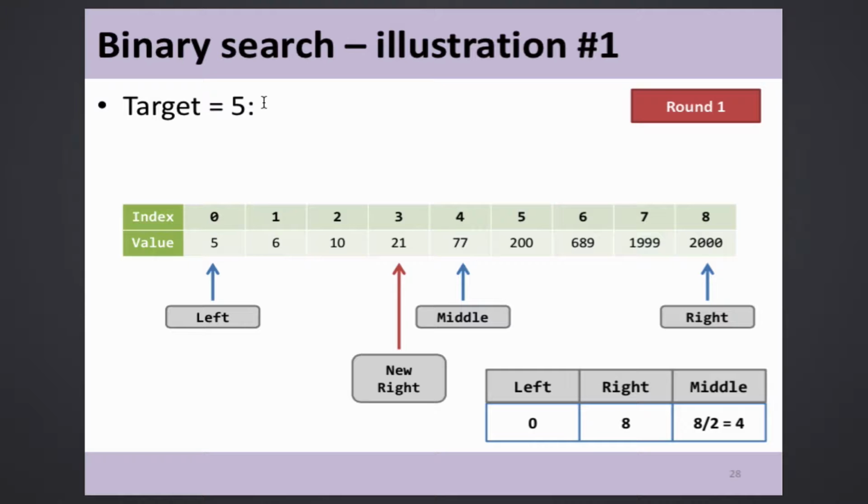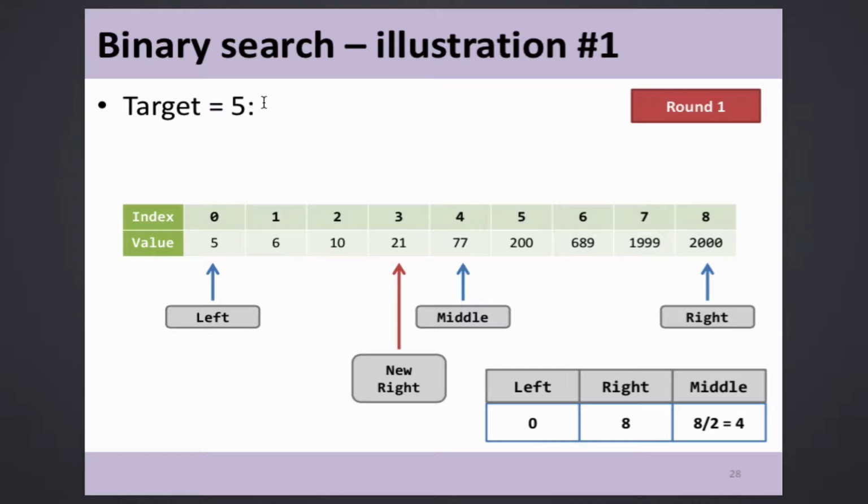The middle one gives me 77, and that means my target 5 is in this region. It's no longer in the region bigger than the middle, and not even the middle. The middle is not under my consideration. I exclude the middle and all slots bigger than the middle.